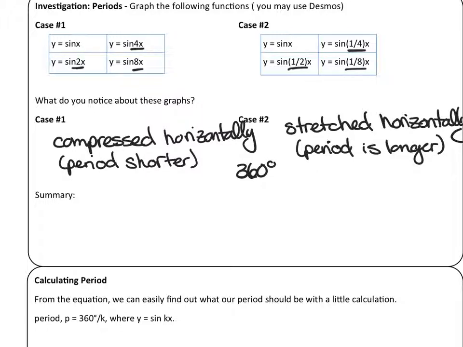Okay, there's a really easy way to calculate exactly how long the period is going to be. And I'm going to tell you that, but notice kx. So k helps tell us our period.